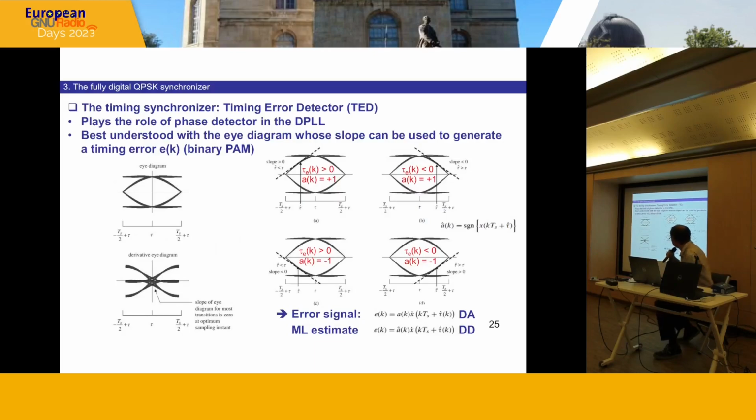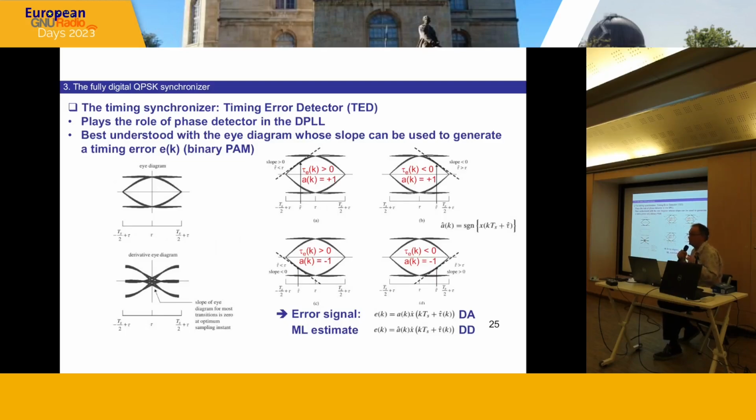Okay, so just about the timing synchronizer. In fact, the TED, the timing error detector, plays simply the role of the phase detector of the digital PLL. This is best understood with the eye diagram, whose slope can be used to generate a timing error, which is e of k for binary PAM represented here. So what we can see on the left is the eye diagram.